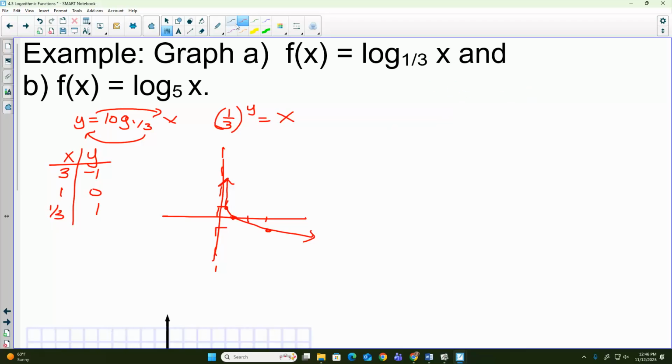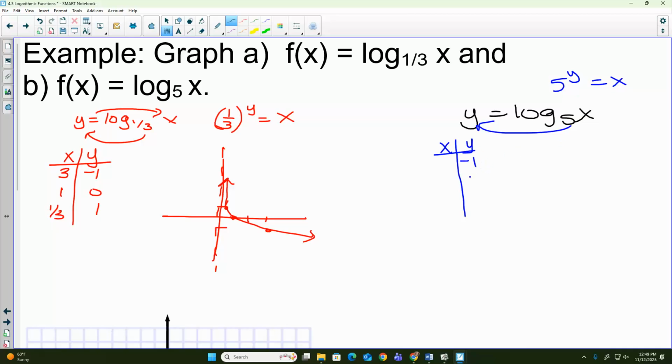I want you guys to sketch a graph of the second one. Y equals log base 5 of x. You can do a different graph if you want. Everyone got the points. You may have had a little trouble graphing them, but you have the right ordered pairs. If you change this to exponential, it's 5 to the y power equals x.